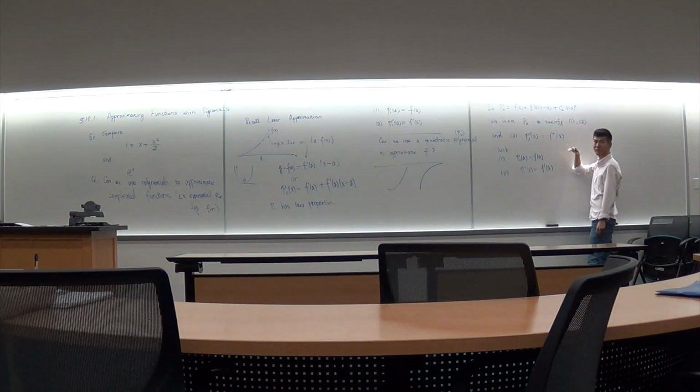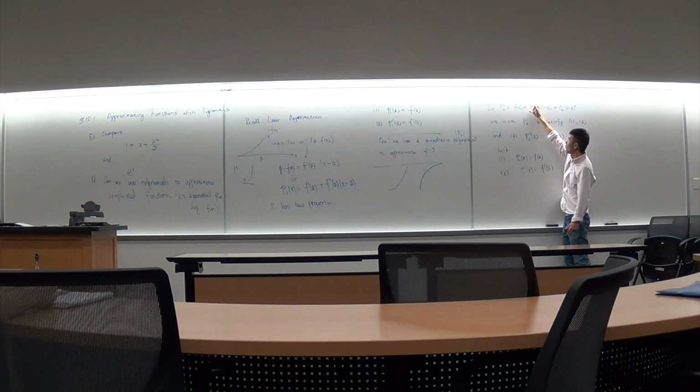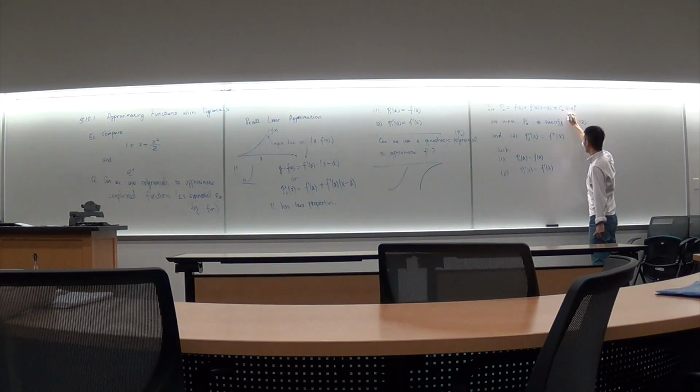Simply f prime of A. It's a linear function, so when we take the derivative of this term, we simply put the coefficient in front. The derivative of this linear function is just one.